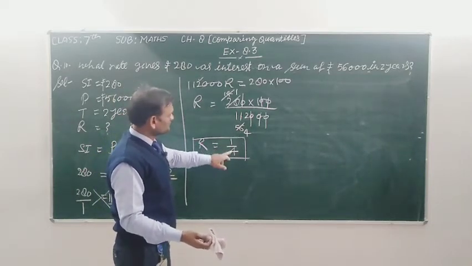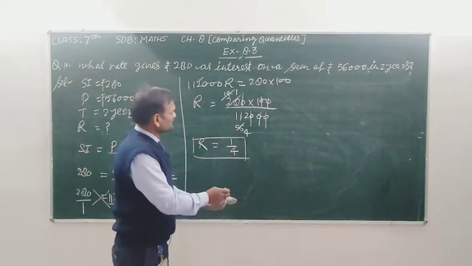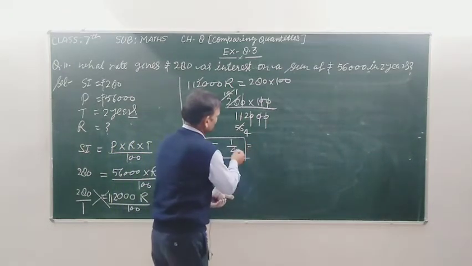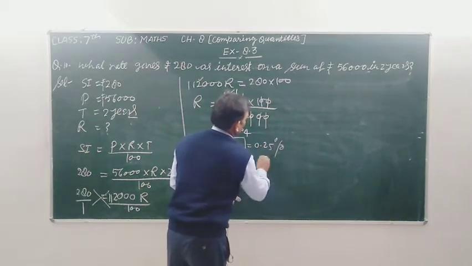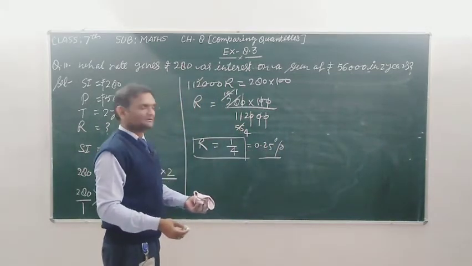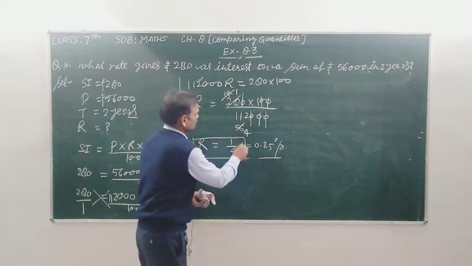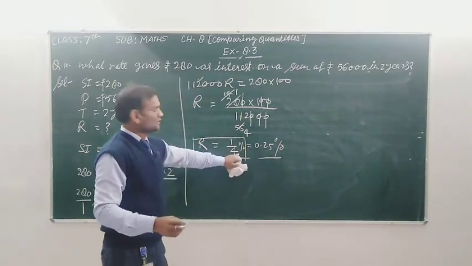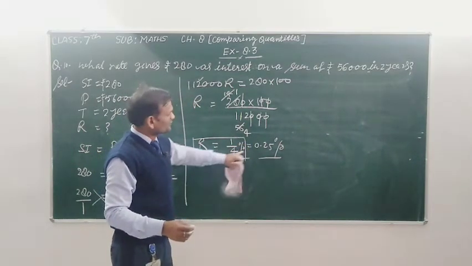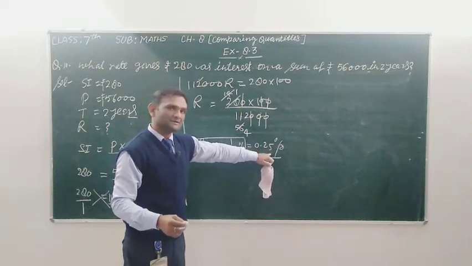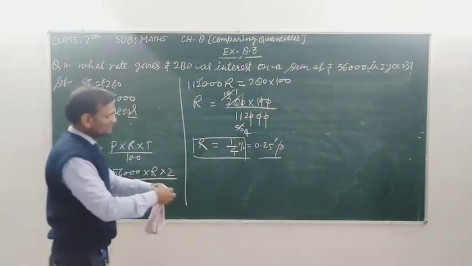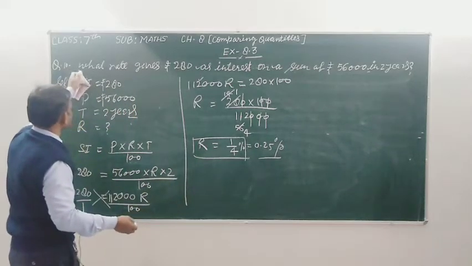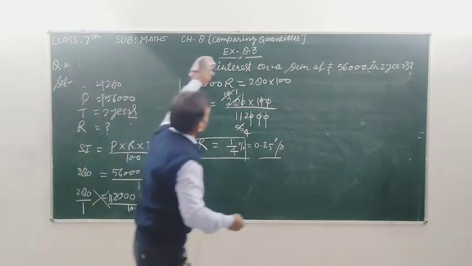You can divide 1 by 4, so you will get 0.25%. Like this you can write. This is also percent. So when you divide 1 by 4 you get 0.25%. So this is the rate. So come to the next question, that is the last question of this exercise, question number 11.